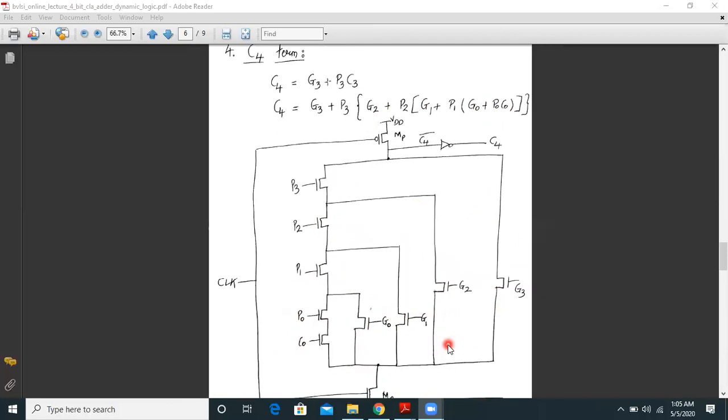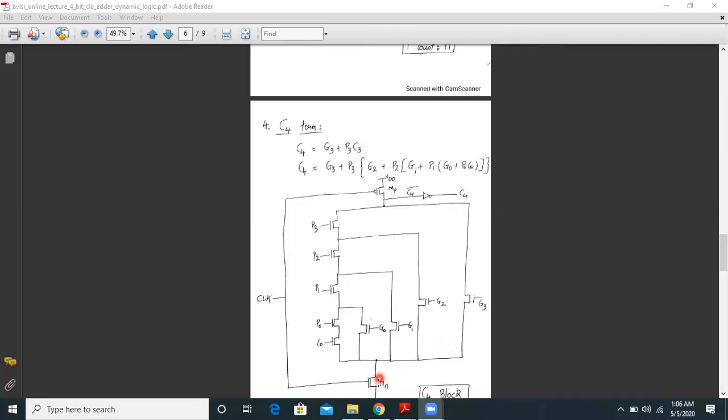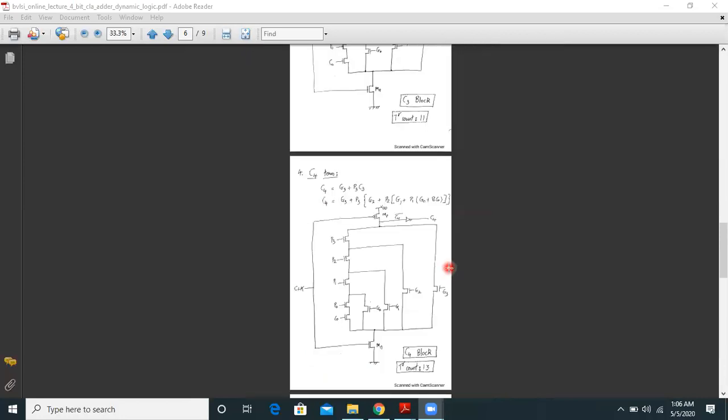The pull down network contains a total of 5 plus 4, 9 transistors, and we have Mn and Mp whose gate terminals are tied to the common clock, and the output expression is C4 bar. So we have to connect the CMOS inverter at the output to generate C4 out of C4 bar. Now let's check the total transistor count.